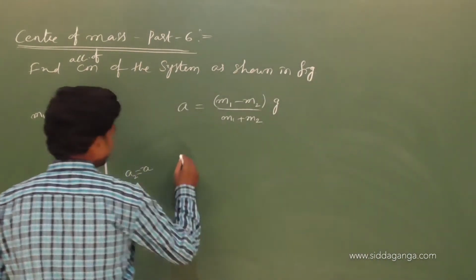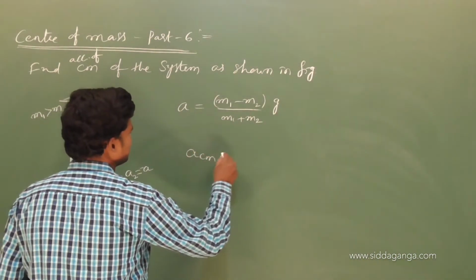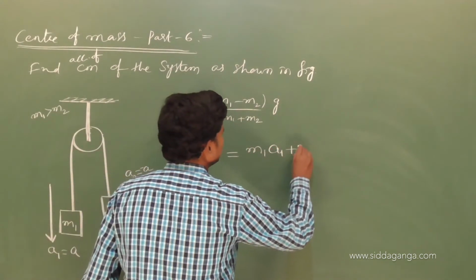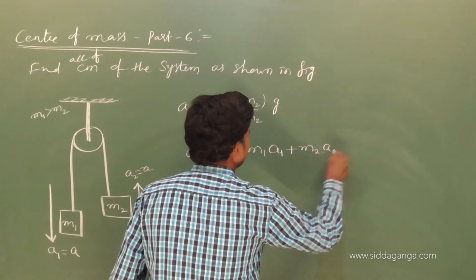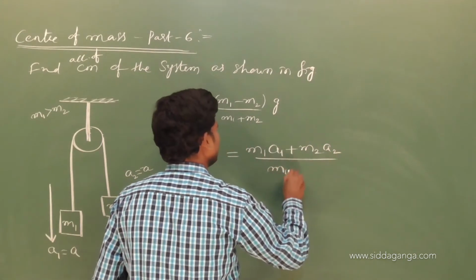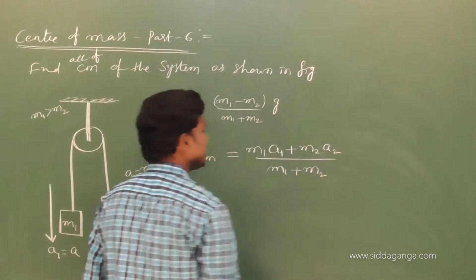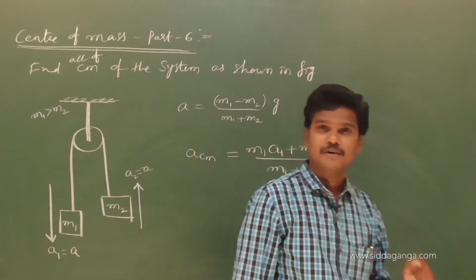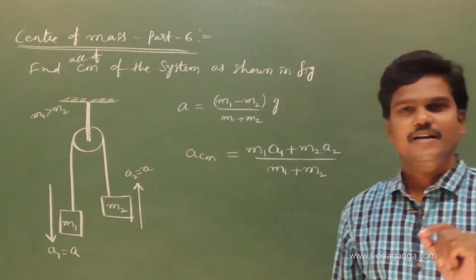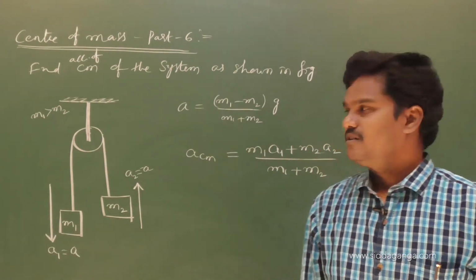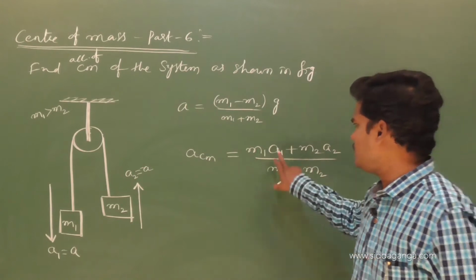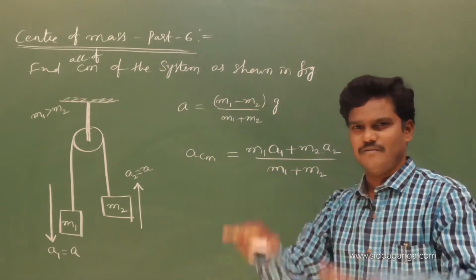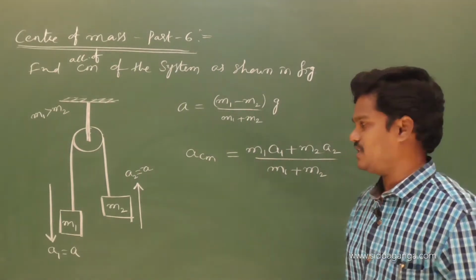Now acceleration of center of mass we can write as ACM equals m1 a1 plus m2 a2 by m1 plus m2. See, this is the acceleration of center of mass. Already we calculated in the last session. So a1 you can take as positive and a2 is negative because they are equal and opposite.